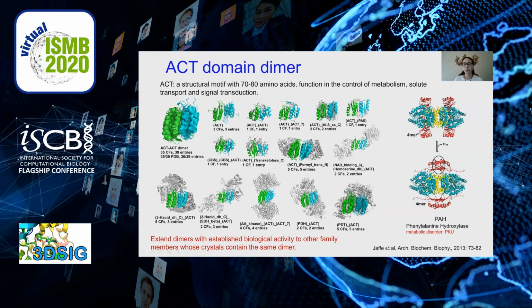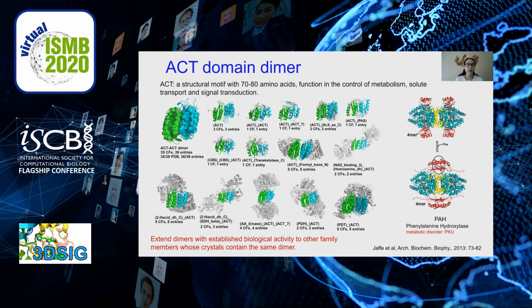The Jeff group, a research group at Fox Chase Cancer Center, studied phenylalanine hydroxylase, PAH. PAH has one ACT domain, and it forms a tetramer in solution. After adding phenylalanine, ACT forms a dimer to activate PAH. So this dimer is the same as the dimer in this cluster.